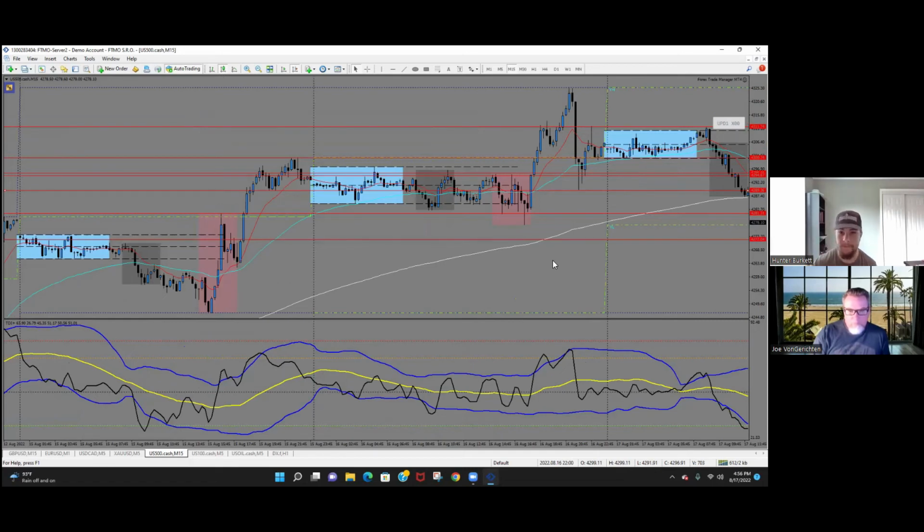Okay, so with that, Joe, did I miss anything? No. I just want to clarify too, he drew up a lot of imbalances. So just to be clear, how we draw up imbalances and look for them is when you have a big bullish or bearish candle, the imbalance is the area between the wick or the body of the previous candle, where it was before it went bullish, and then the candle after the imbalance candle.